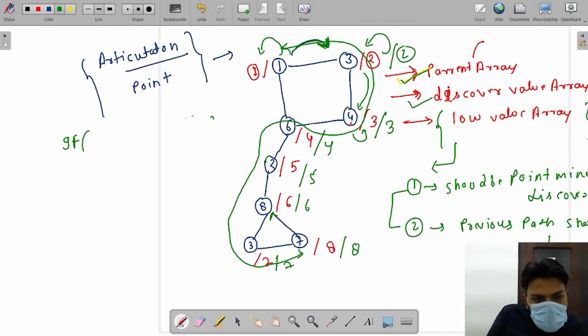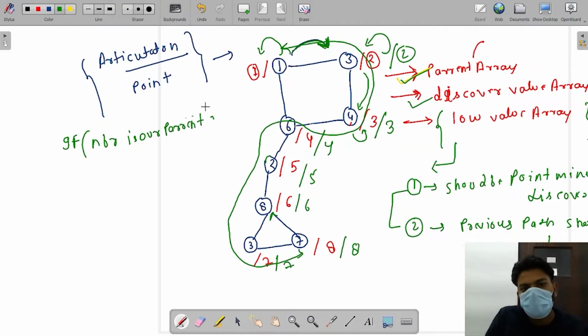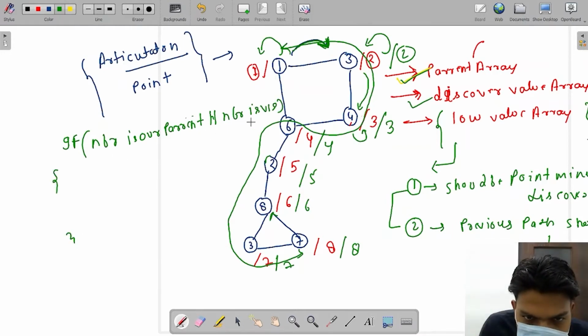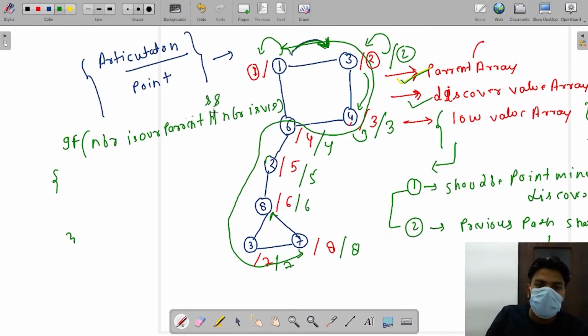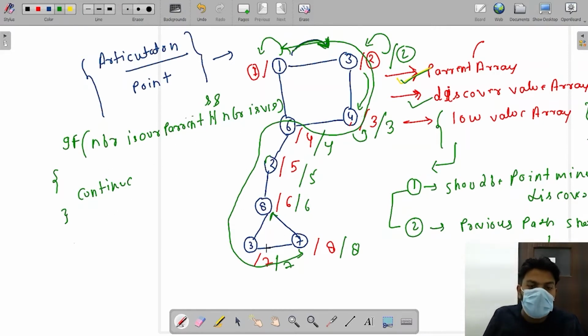We can ignore this path using this condition: if the neighbor is our parent and the neighbor is visited, then we have to ignore. For ignoring, we put continue. If the neighbor is our parent and visited, then we put continue. It means we ignore this path.